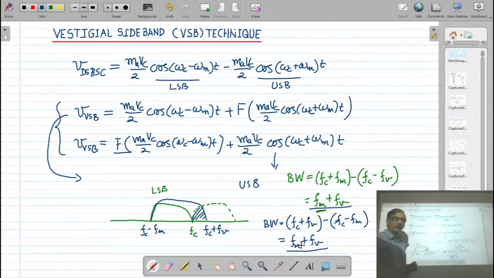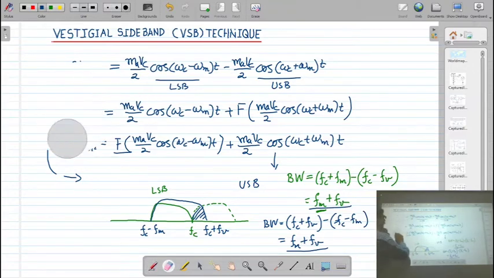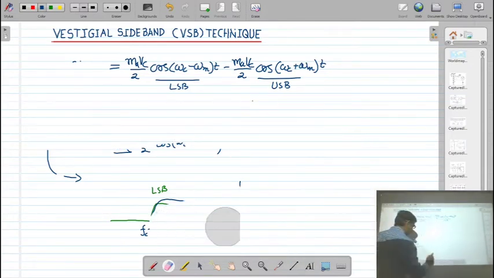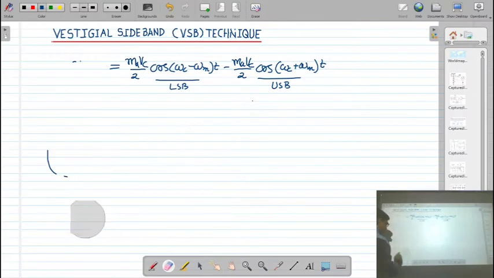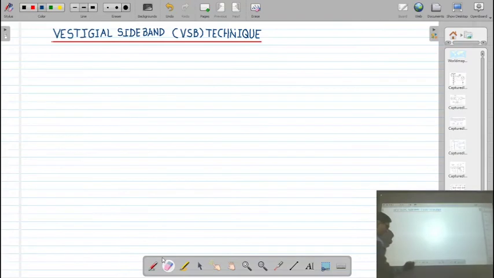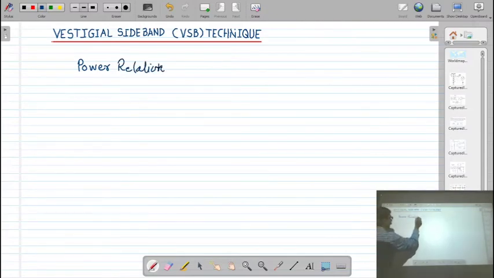Now let us see how we can calculate the power. Power radiation. Correct?